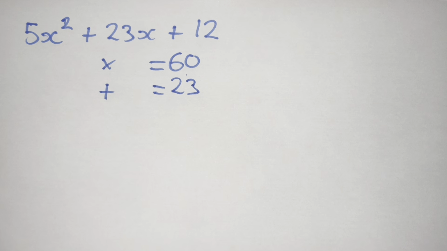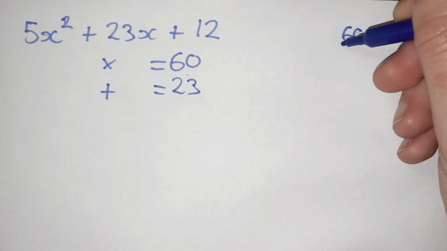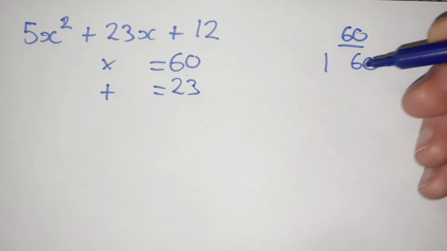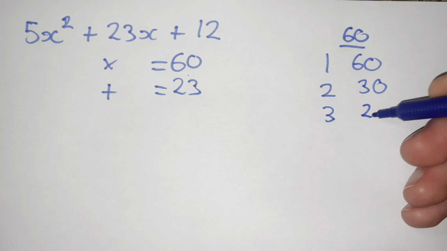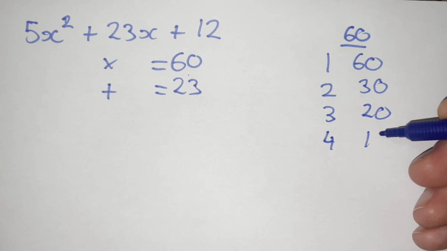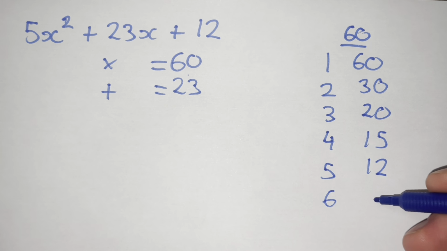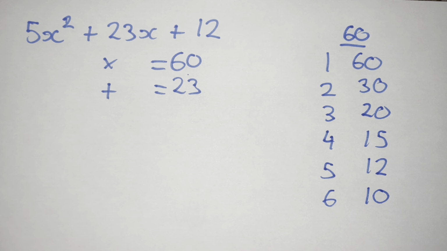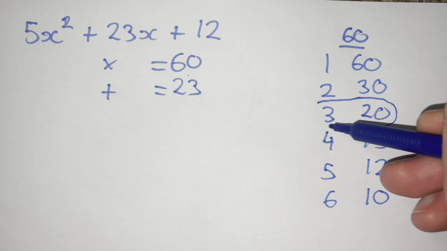So thinking about our factors of 60, there are lots of pairs of factors of 60 that we can find. We could have 1 and 60, 2 and 30, 3 and 20, 4 and 15, 5 and 12, or 6 and 10. But only one of these pairs also adds to make 23, and that pair of factors is 3 and 20.